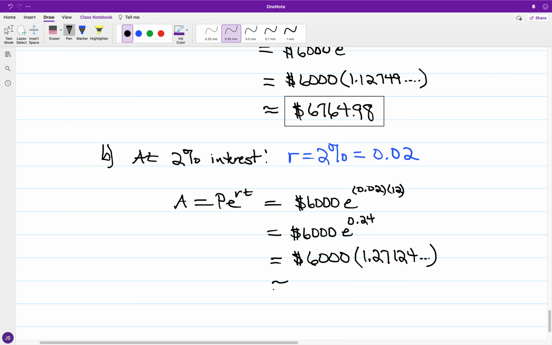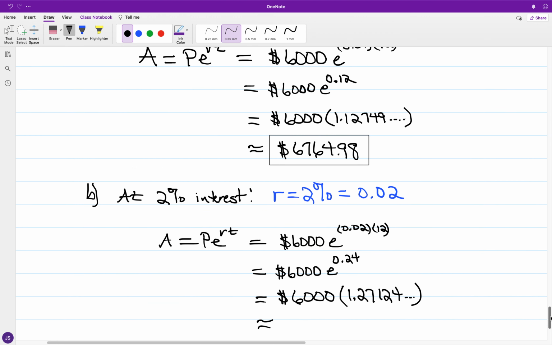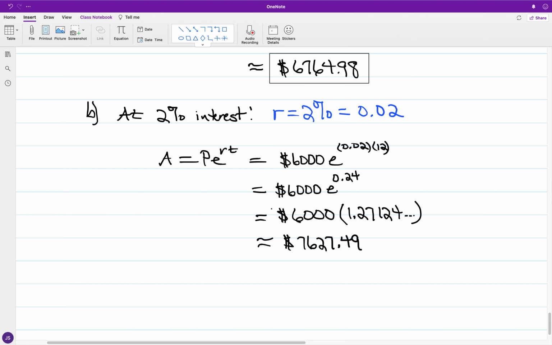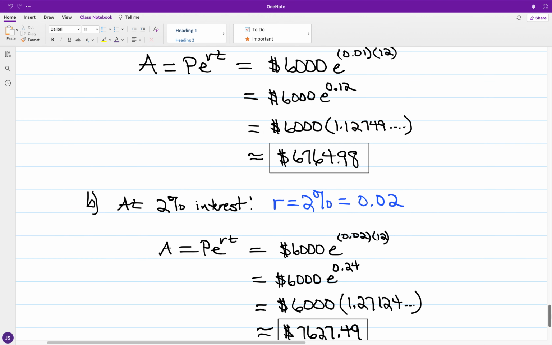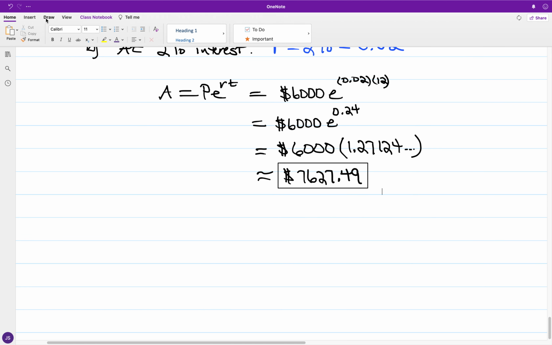In taking the product, this would be about $7,627.49. So notice, with a higher percentage rate, the higher the balance.